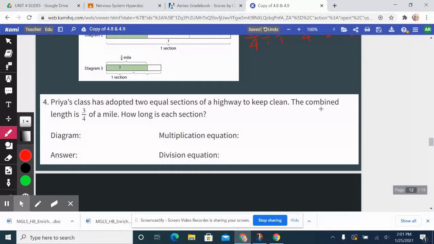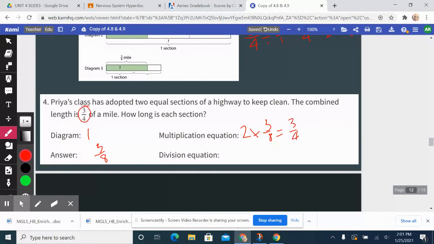So looking at the diagrams, which one do you think it might be? It's actually going to be diagram number 1. And I already gave you the answer. It was 3/8. So now my multiplication equation is going to be 2 times 3/8 is the 3/4.